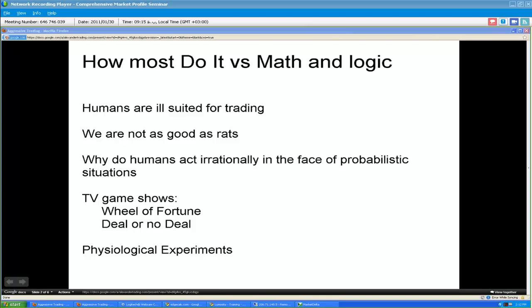So they had a situation on the Dutch version of the show, where somebody had, I think, 3 or 4 briefcases left, and his expectation was about $175,000, the actual mathematical expectation, and they offered him $100,000 to stop.